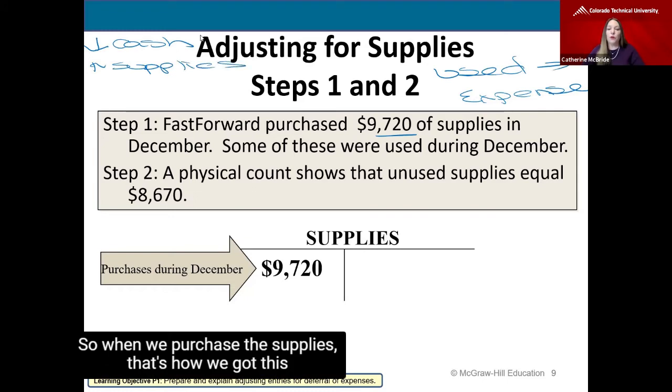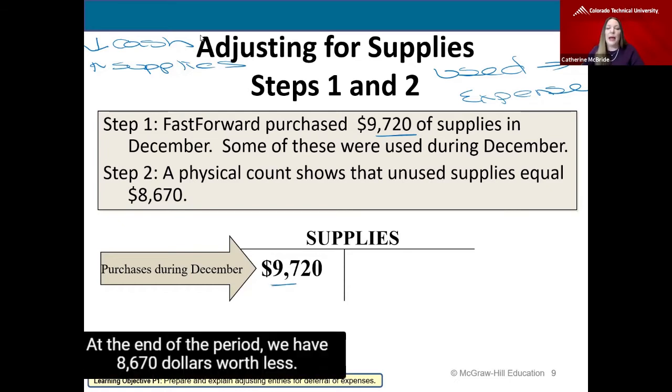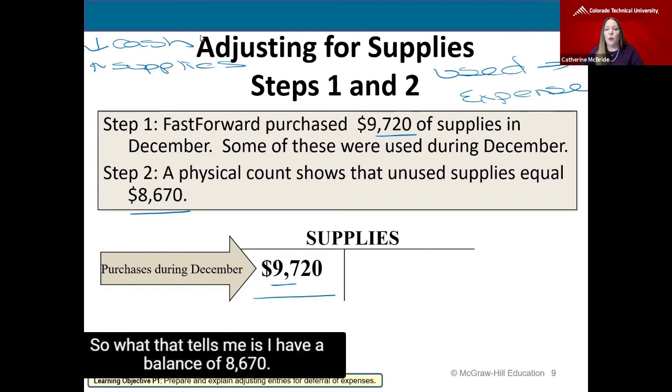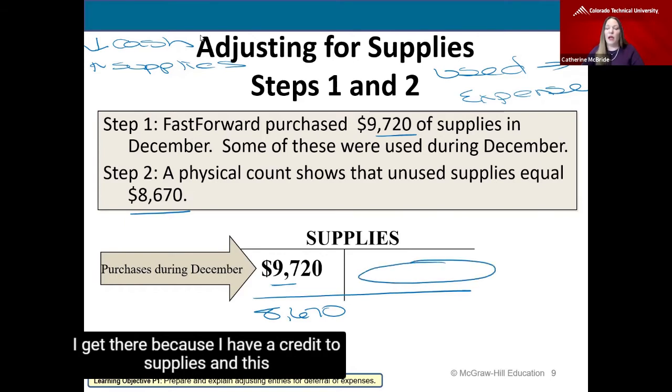So when we purchase the supplies, that's how we got this $9,720 in supplies. At the end of the period, we have $8,670 worth left. So what that tells me is I have a balance of $8,670. So the question is, how do I get from 9,720 to 8,670? And I get there because I have a credit to supplies.